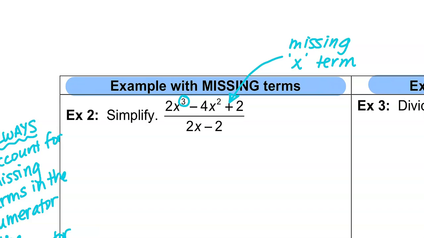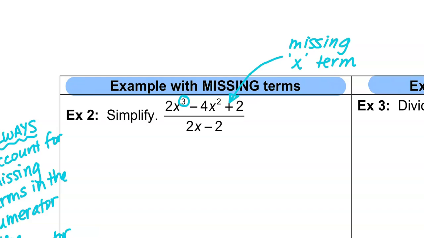Okay, and so that's the first. Then you keep counting down because there could be more than one missing term. So we have 3, 2, 1's missing, 0. Is there a 0 term? Yeah, that's the constant. So you have to have all the terms from whatever the highest power is, which in this case was 3, all the way down to 0. Is that clear? How about in the bottom?